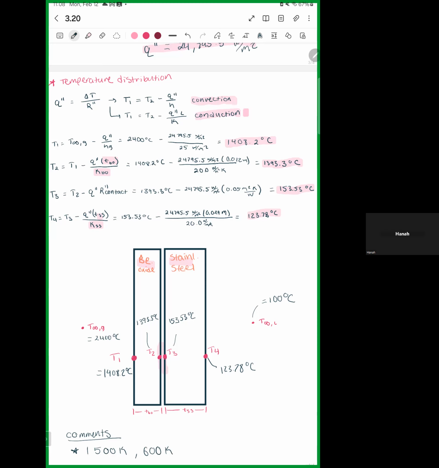Now that we went through this process once, if we want a more accurate answer, we would be able to iterate and go through the process again, and then look up the thermal conductivity for beryllium oxide at around 1,400 degrees C. And for the stainless steel, we would want to look up the thermal conductivity at probably around 140 degrees Celsius.